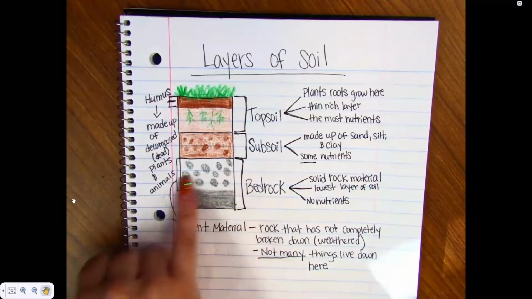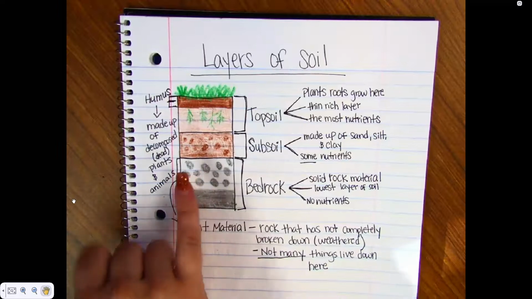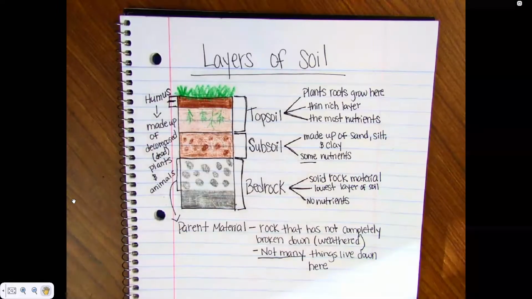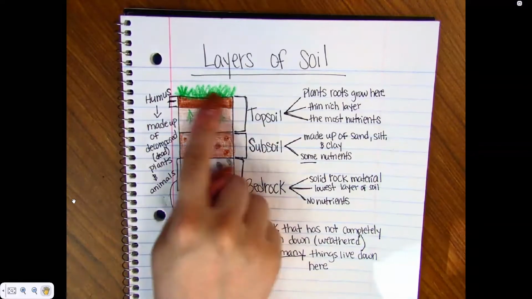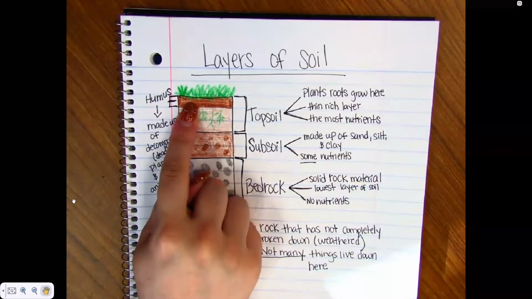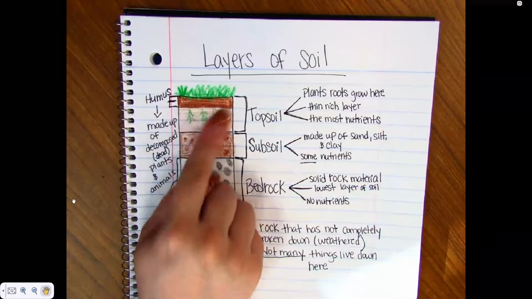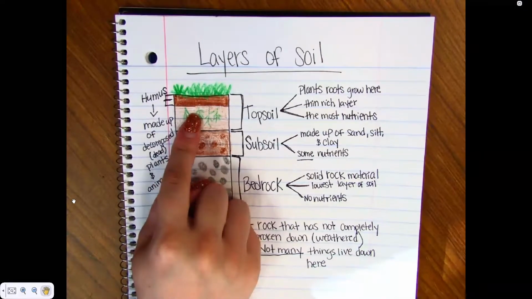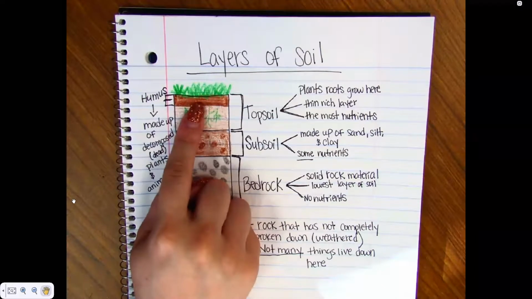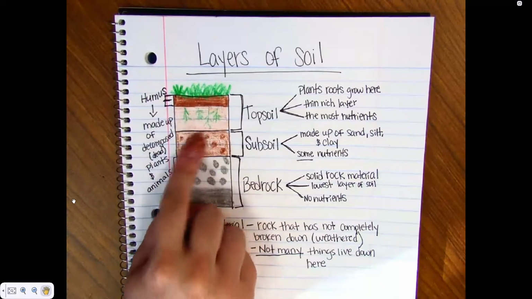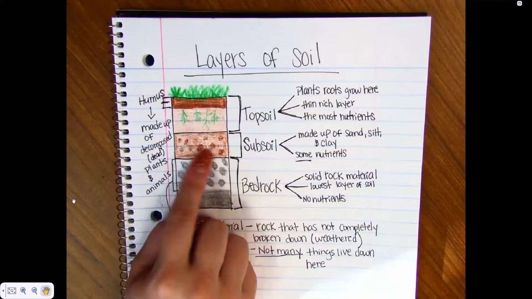There's not any nutrients. Let's just say, I'm going to put this in math terms. We have 100% of nutrients, okay? We have 100 nutrients in here. In this one I may get like 75.